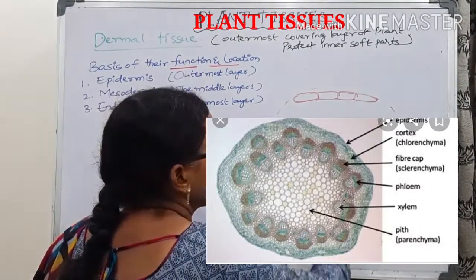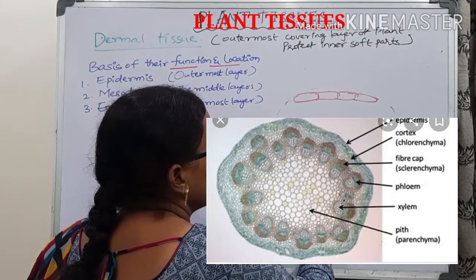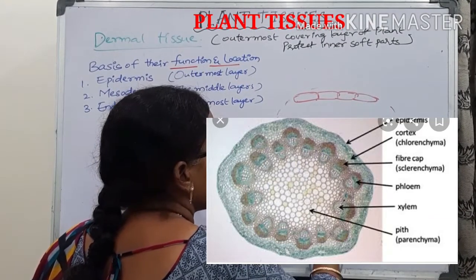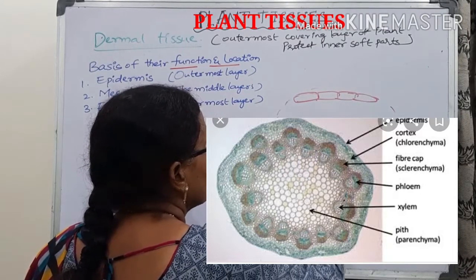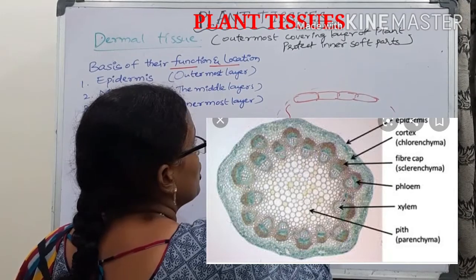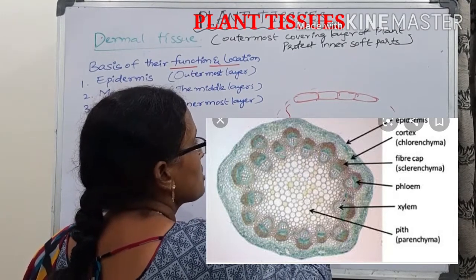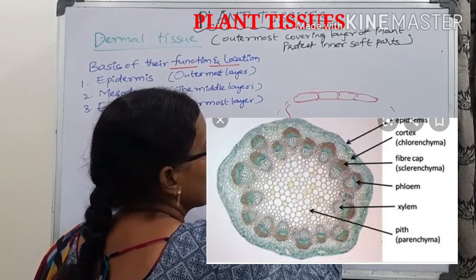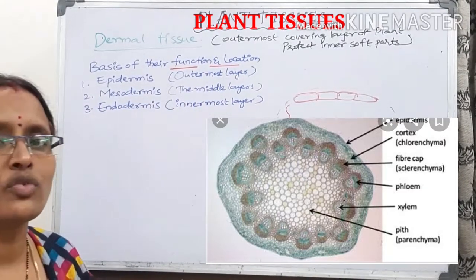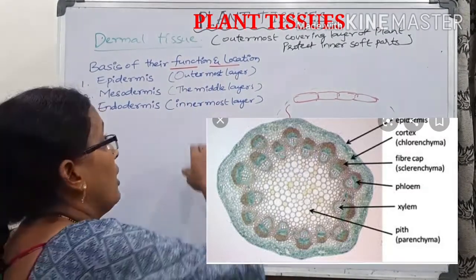Innermost there is the vascular tissue, protected by the innermost layer, the last layer, called endodermis. All these types of tissues are present in the plants.